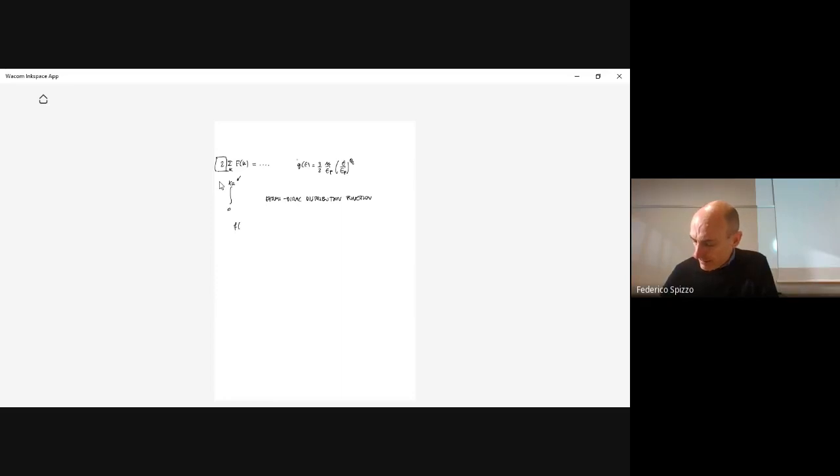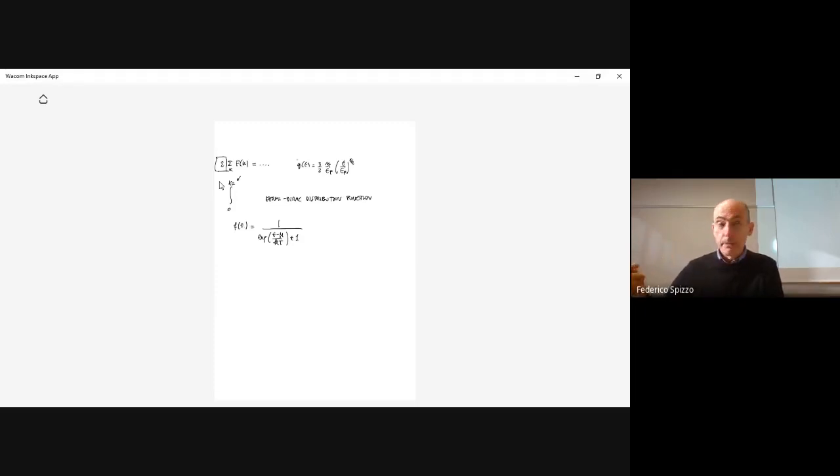The Fermi-Dirac distribution function depends on the wave vector of the electron, but it depends on the wave vector thanks to the energy.